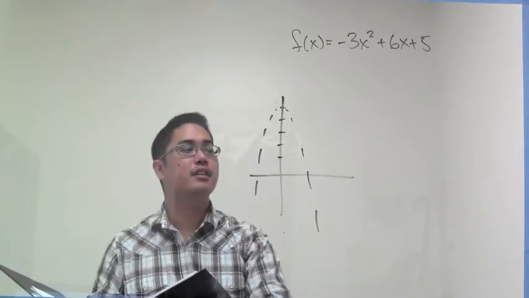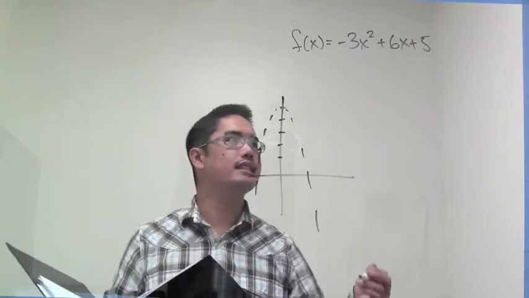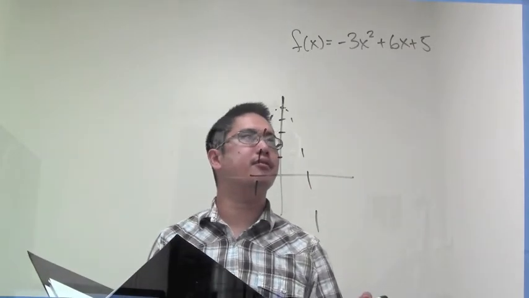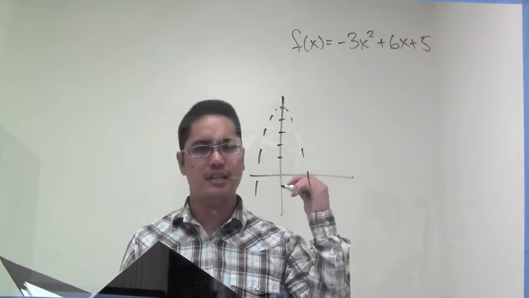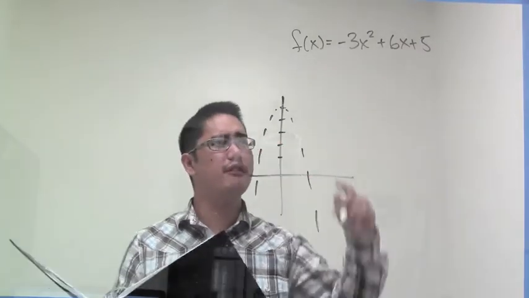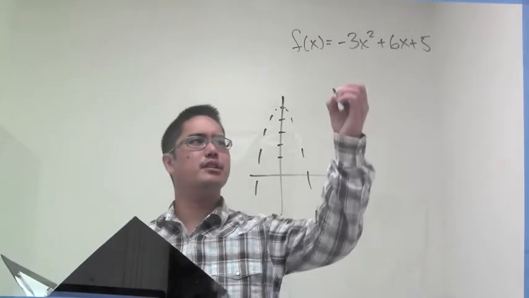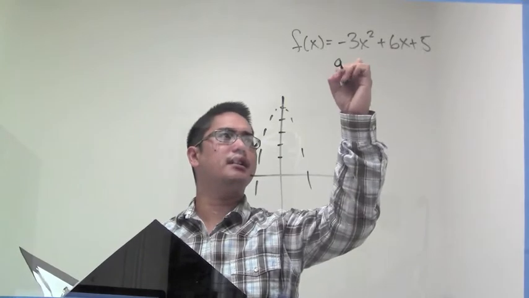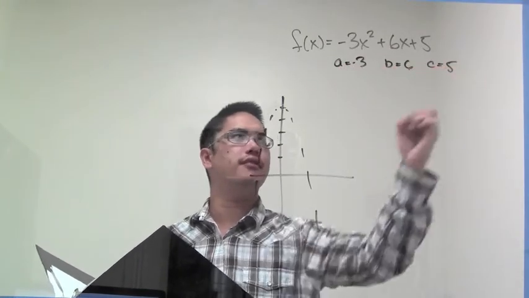In order to figure out the zeros, I think the best thing to do for this particular problem is to just use the quadratic equation. I'm trying to factor it in my head right now, but it looks kind of funky, so let's just use the quadratic equation. A is negative 3, B is 6, C is 5.